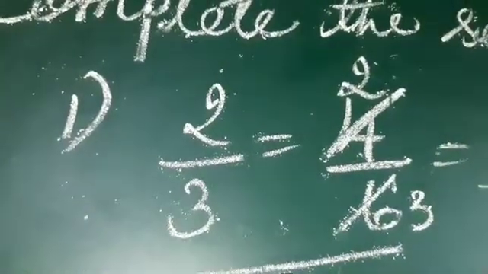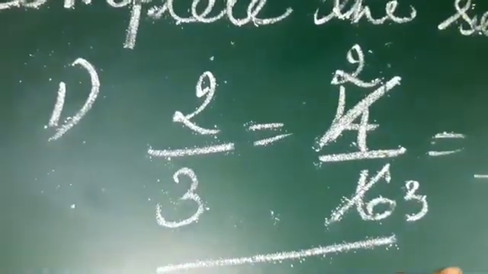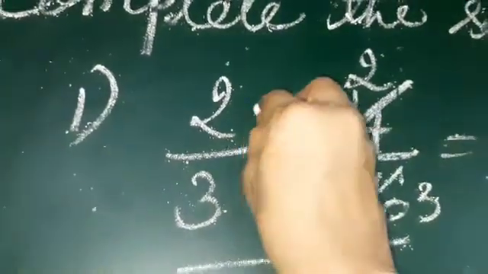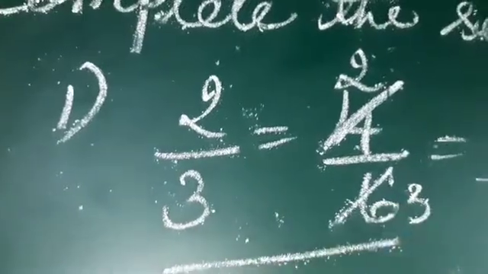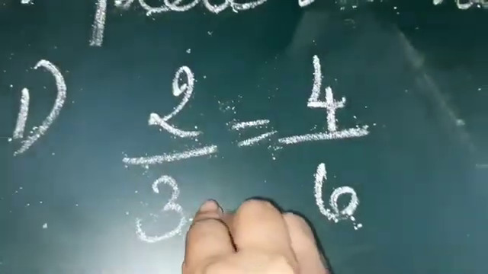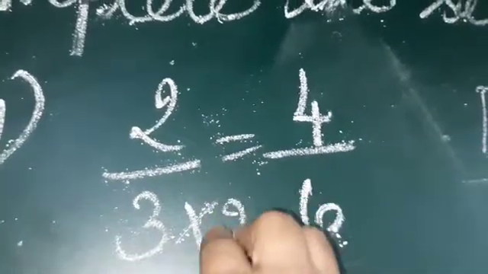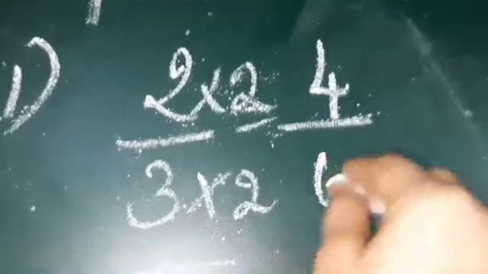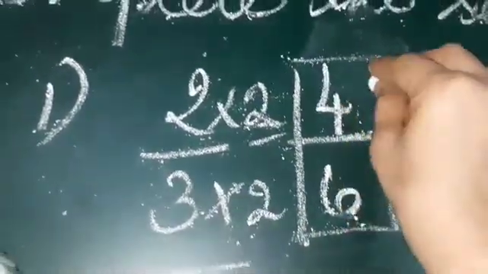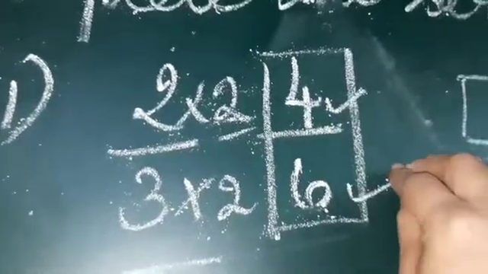To get this equivalent fraction, we have to multiply both the numerator and denominator with the same number. For example, when we multiply 2 in both numerator and denominator, we get the next number of the series, which is 4 by 6.